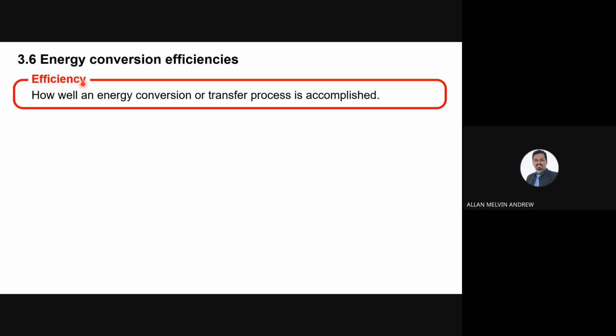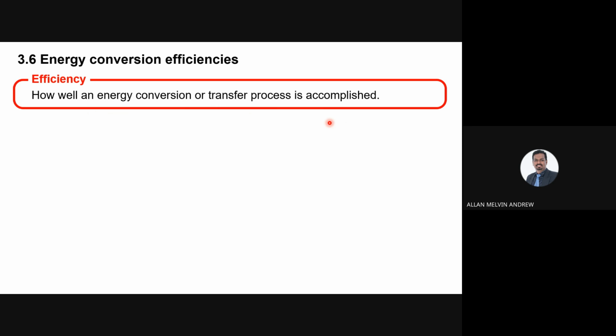So that is how we know efficiency is like that: how well an energy conversion or transfer process is accomplished. Let's say you want to transfer potential energy to kinetic energy. You have 10 potential energy and you want to get 10 kinetic energy.